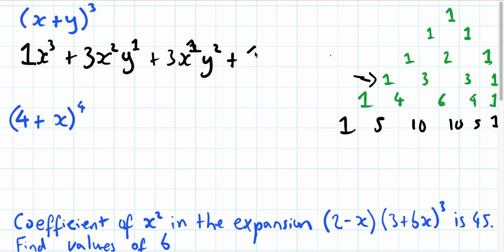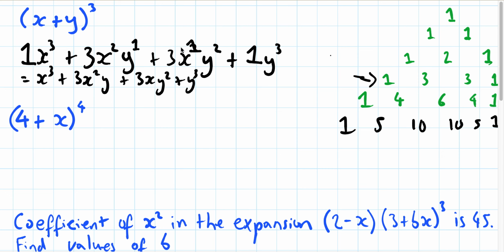Last one, the coefficient is 1, y to the power of 3. Okay, so just to clean this up, we've got x cubed, add 3x squared y, add 3xy squared, add y cubed. Alright, so the coefficients follow Pascal's triangle, and the indices should add up to the number they told us to expand to.